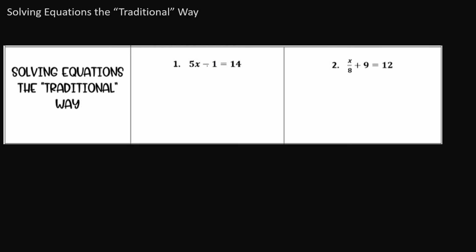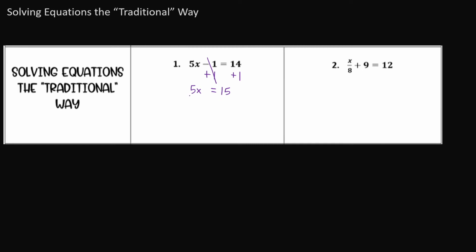So let's start with this minus 1 that we see. The opposite of subtracting 1 is adding 1. Let's use that inverse operation. Add 1 to both sides of the equal sign. This is eliminated. It's canceled out. And now we're left with 5 times x is equal to 15.